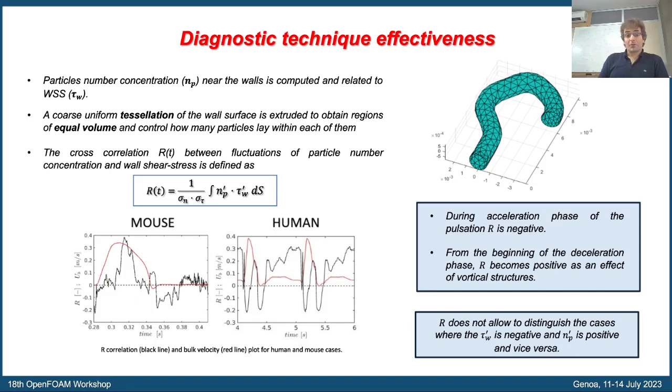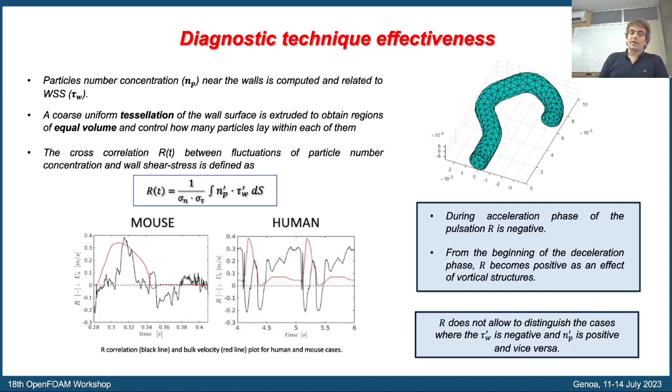Then we computed the fluctuations of the number of these particles and of the wall shear stress, which we found is a parameter to quantify the risk of formation of atherosclerotic plaques. These are the fluctuations about the average value averaged over the surface at each phase.